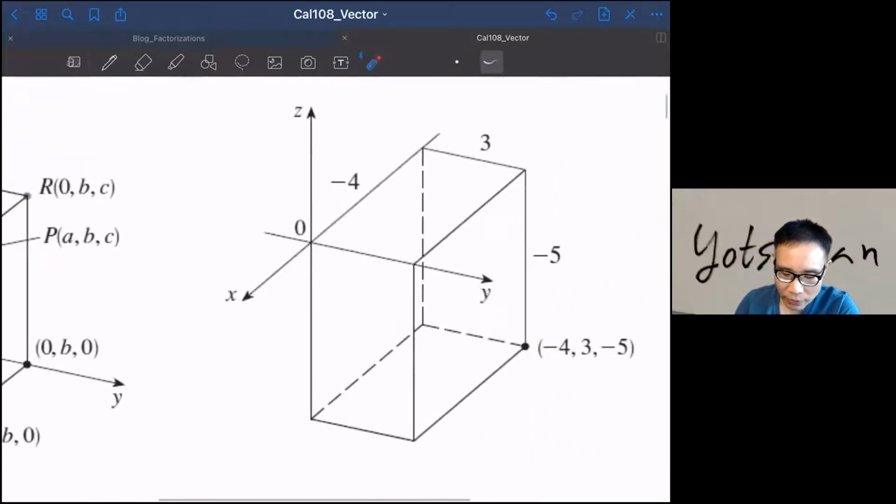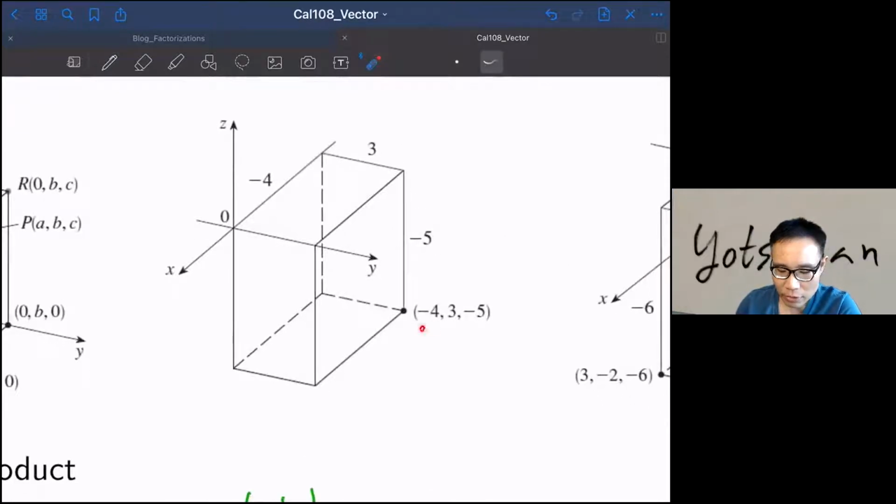For example, if you'd like to find the location of (-4, 3, -5), you are looking for 4 units on the negative side of x. The negative side of x turns out to be the opposite of the positive side, and the positive side is such that we have x, y, and z in a counterclockwise way.